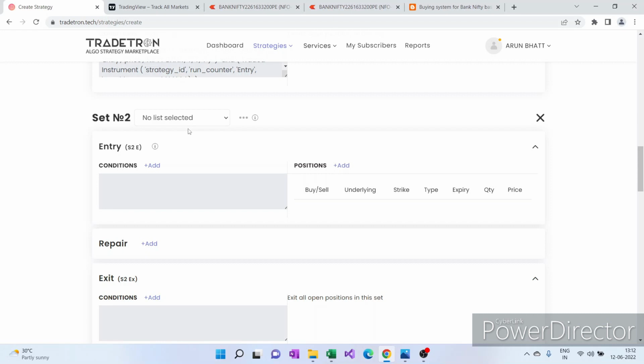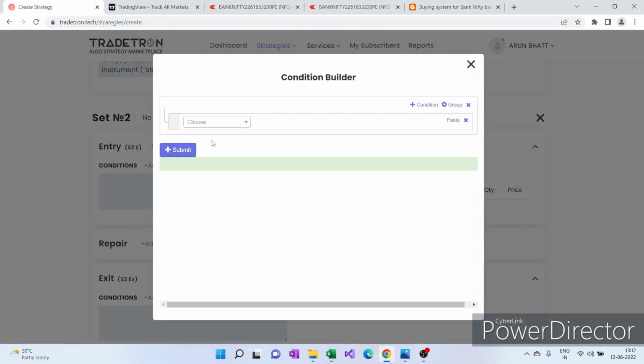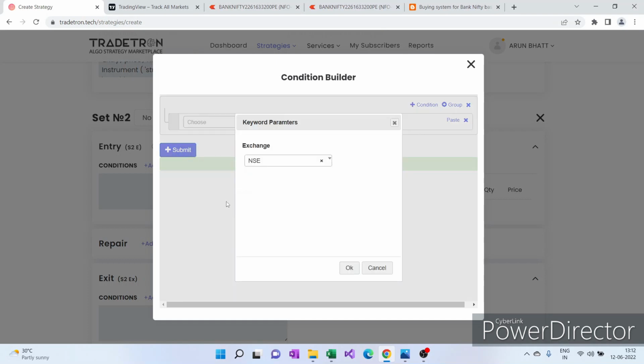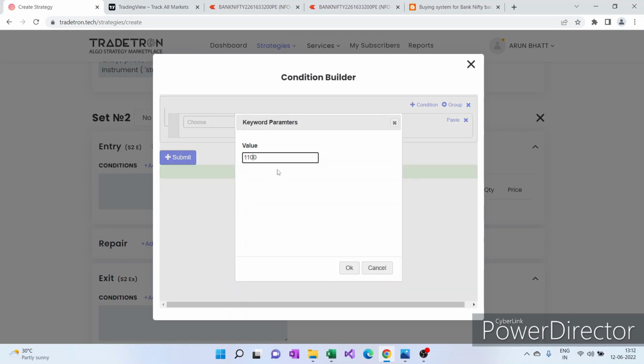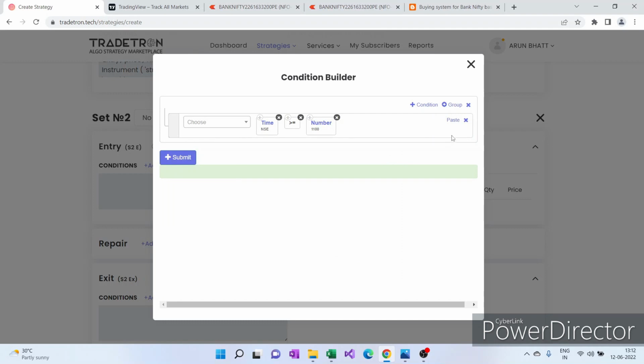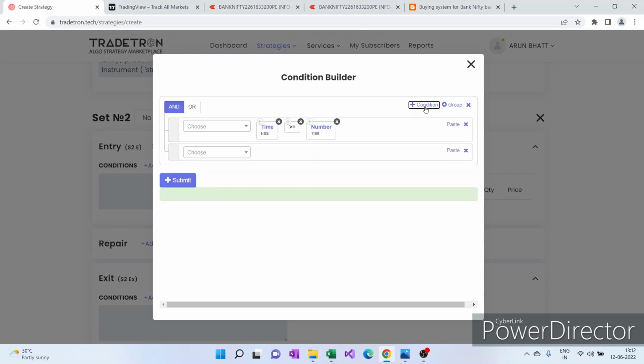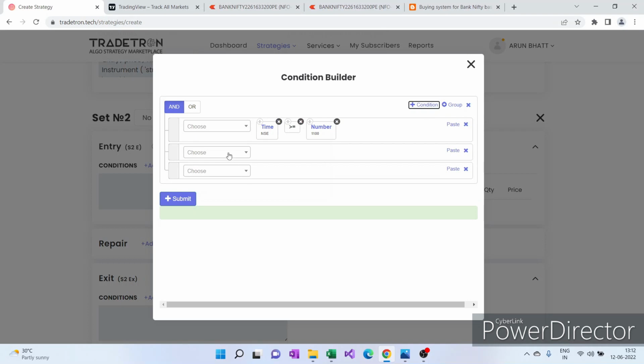So the time will be greater than or equal to 11. Set 3 will be used for the PE entry, and we have to take only one entry. So we'll be adding a few conditions for that, and those conditions will be the same for set 3 also.